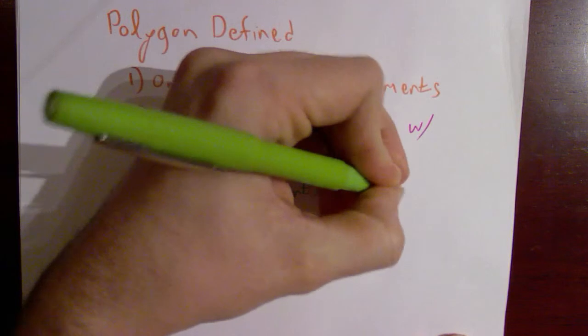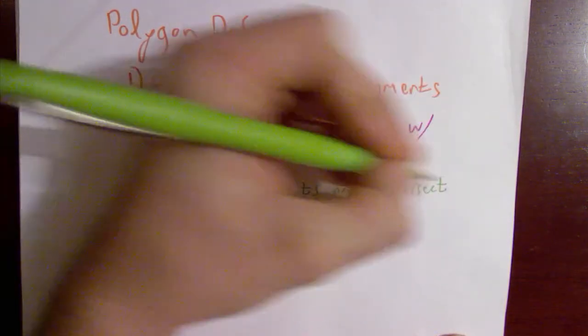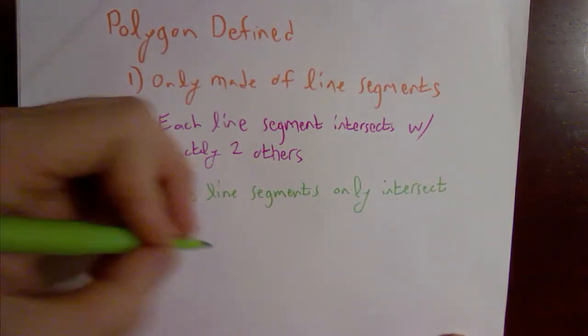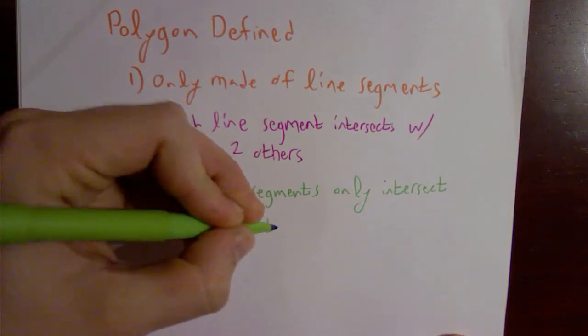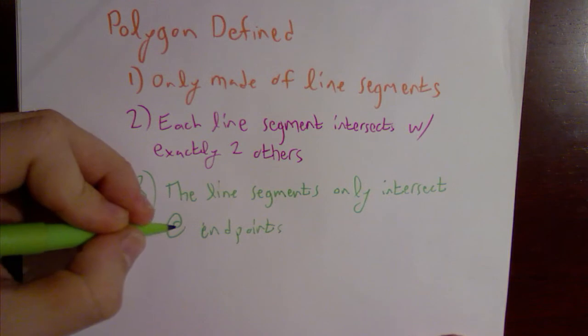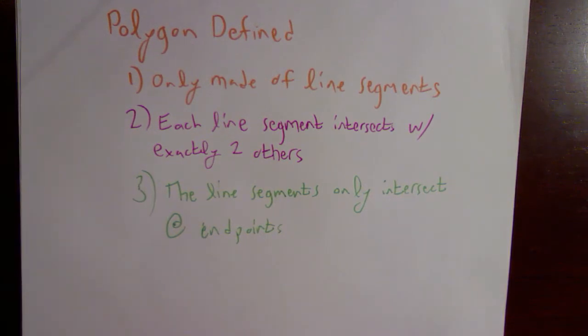Only intersect at endpoints. Instead of writing out at, I wrote the little at symbol for emails. Well, let's take a look at a couple of these, and then you'll get a chance to decide whether certain things are polygons or not.